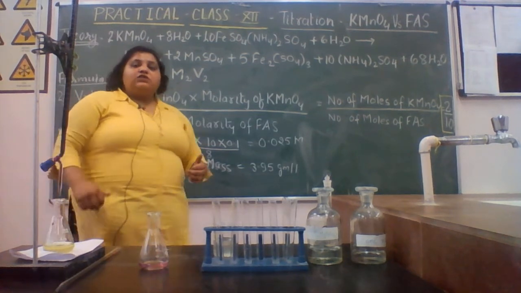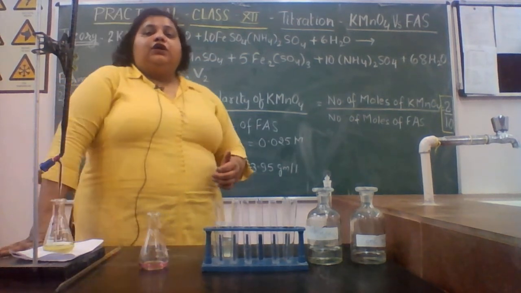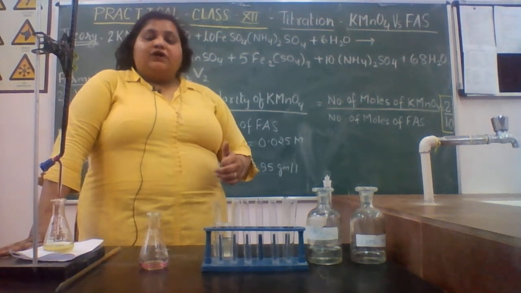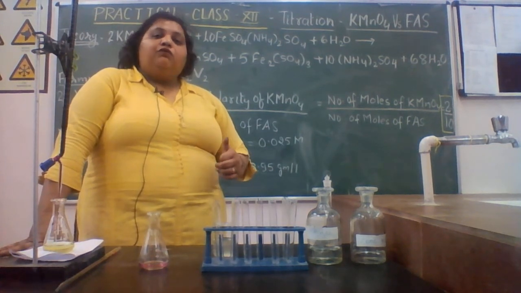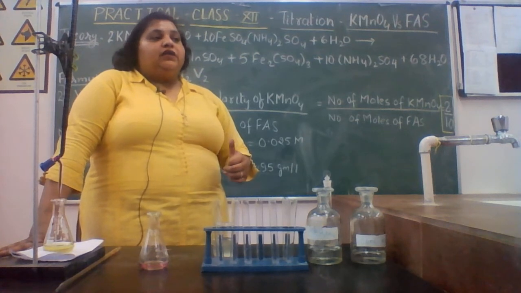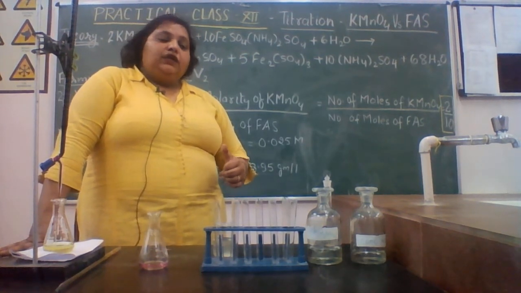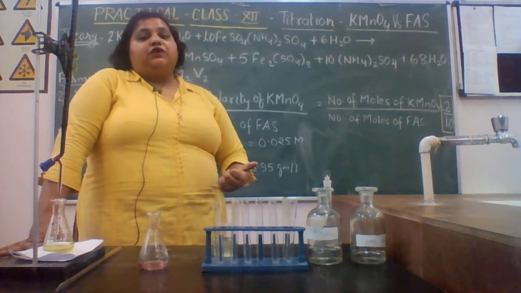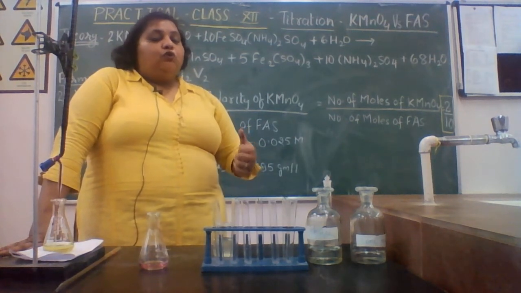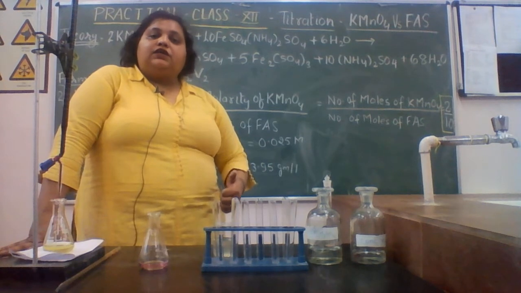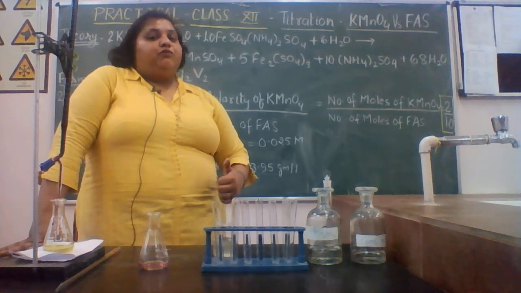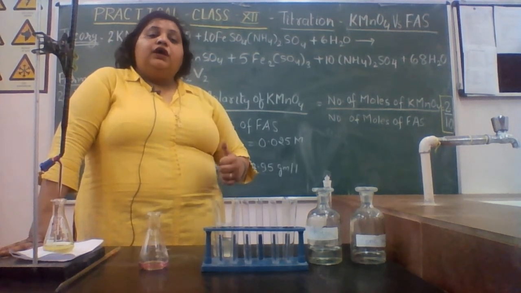What are the precautions that you have to take during this experiment? First, do the weighing very carefully, take the accurate amount of the salt, right. Then, ferrous ammonium sulphate is a double salt. Do not forget to use the concentrated sulfuric acid at the time of preparation of the standard solution.